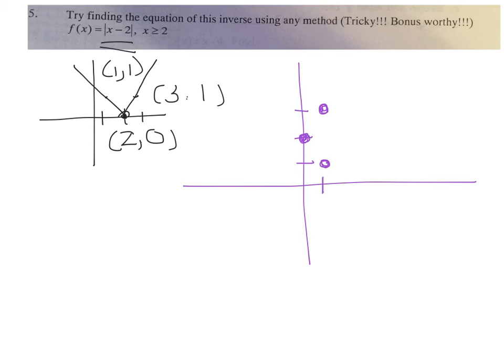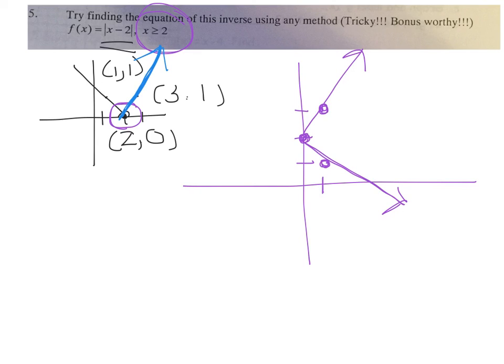And instead of graphing (1, 1), well, when you flip (1, 1), it's still (1, 1), like that. And now you can see I have this inverse function right, oh, well, maybe if I could draw through my points, but there's my inverse function. And this piece right here is super important. It says x has to be bigger than or equal to 2, because right here, if I go back here, I'm going to color in blue for a second. X has to be bigger than or equal to 2 means I only wanted this piece right here.